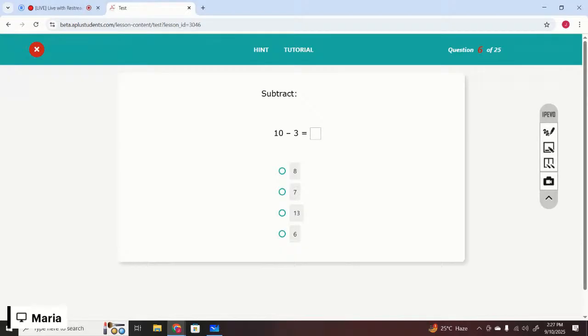Ten take away 3, which is the correct option? Ten take away 3 is 7.